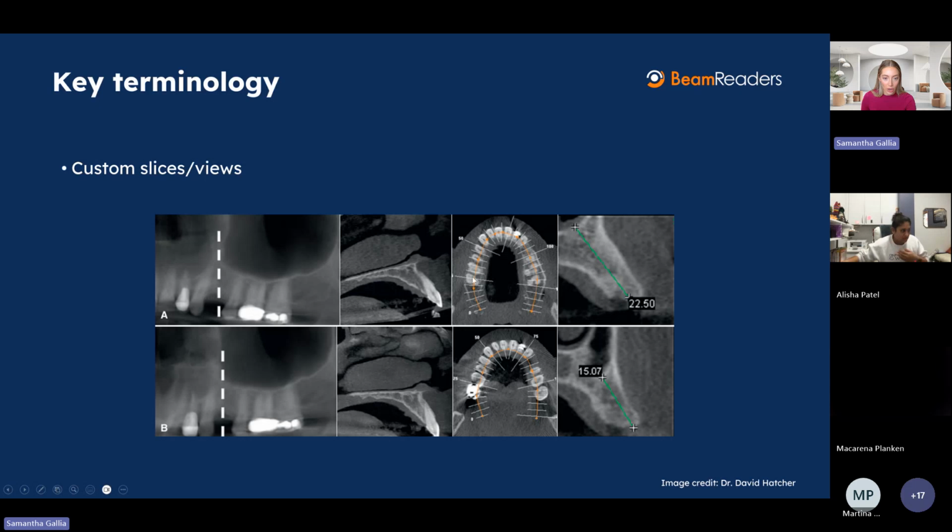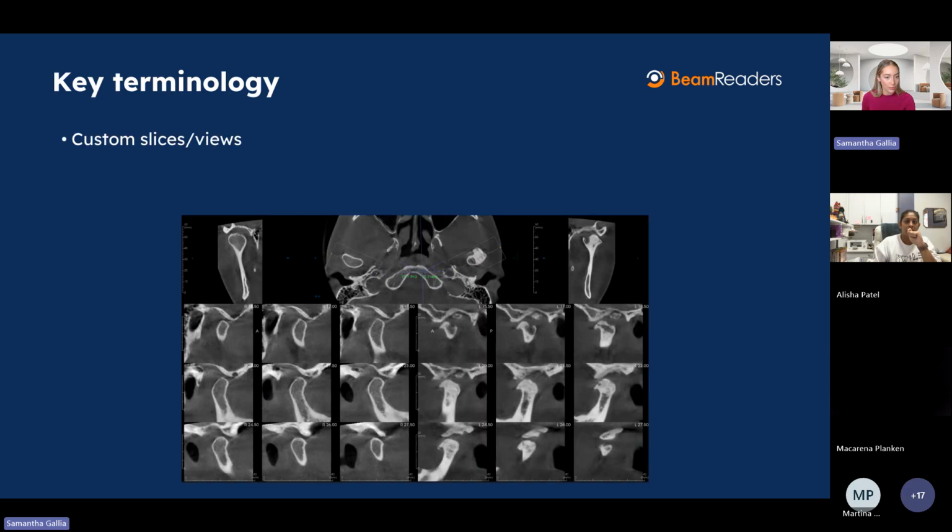So we can create what's called an arch spline custom to the patient's arch, and then we can actually scroll through the arch. And this is really, really good for creating an image like this for bone measurements for implants, and also for looking at periapical pathology. So later on, after today's session, we'll talk specifically about how you can create these custom views that are helpful.